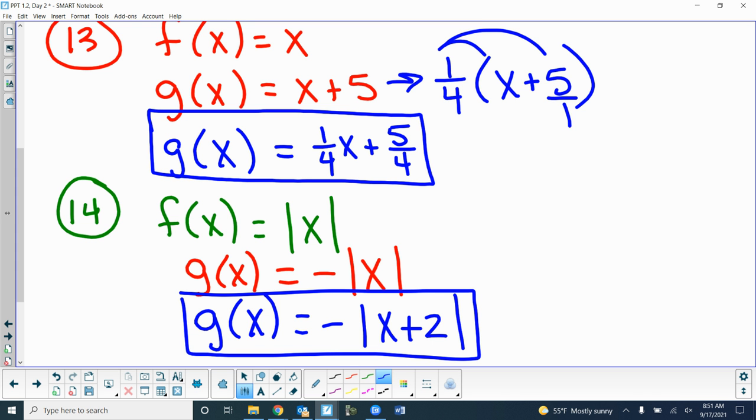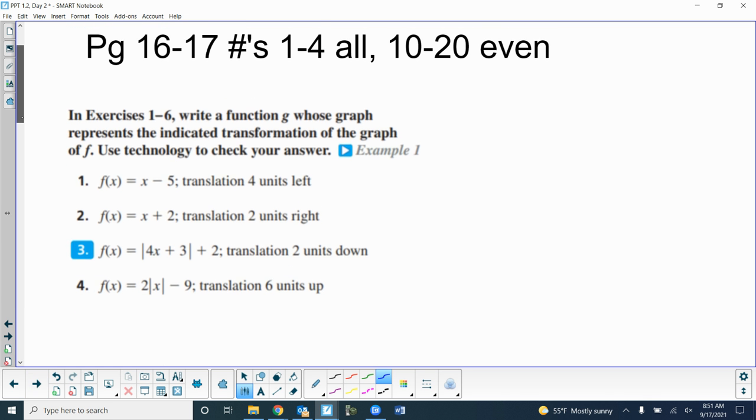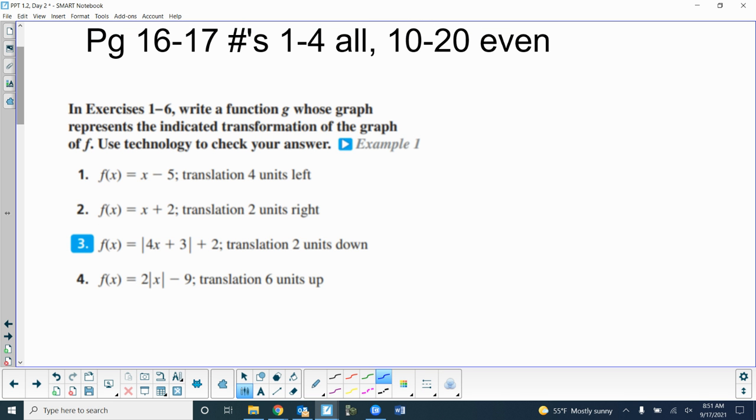All right, homework problems. How'd we do on the first 4? Pretty good. 2 units left, you put it inside, so it'll be in the parentheses, x plus 4, and then minus 5. You've got those in front of you.